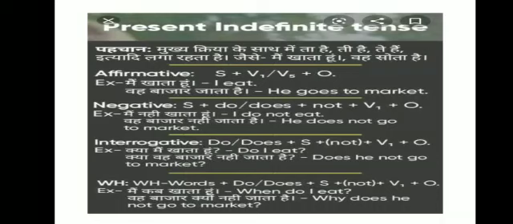Why does he not go to market? Means first of all WH word, you all know that WH words are when, what, where, why. Okay. First of all WH word, then do and does, then not. If not is there, then first form of verb, object.